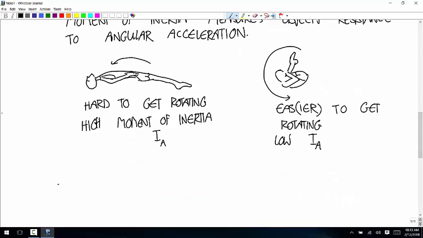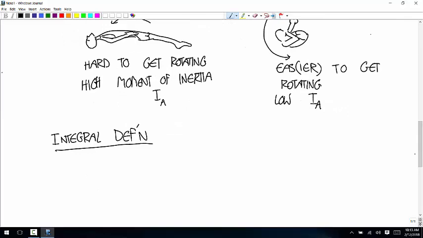The integral definition for moment of inertia. That is the mass moment of inertia about the point A. So the integral definition says I sub A is equal to the integral over the entire mass of r squared dm.